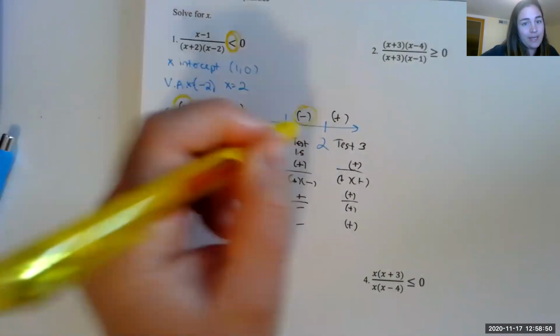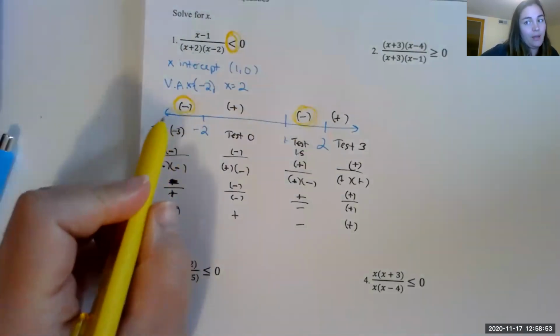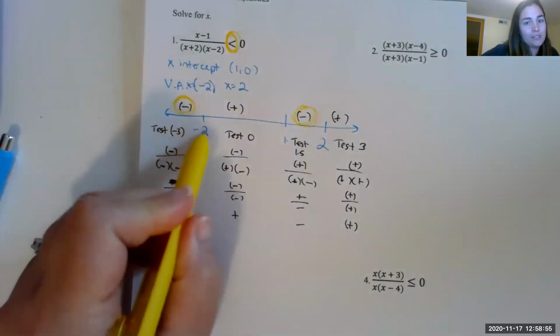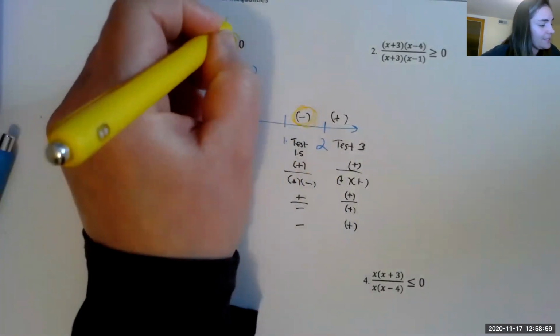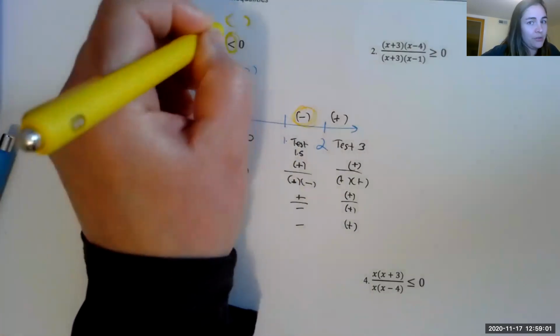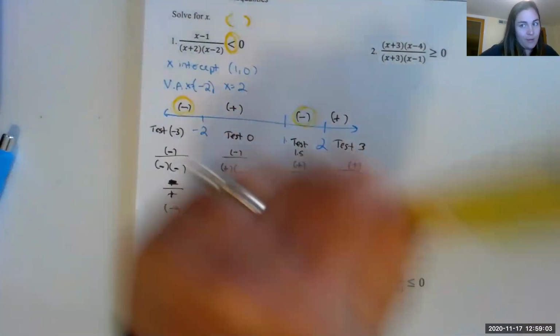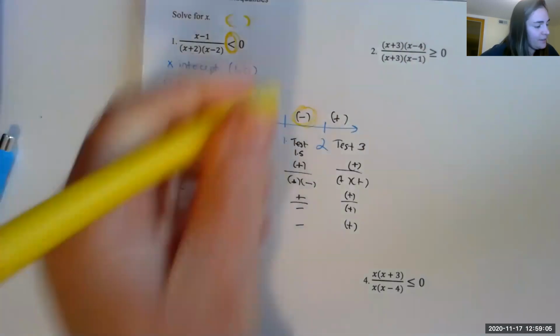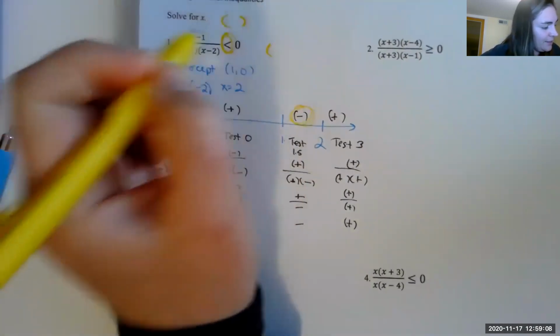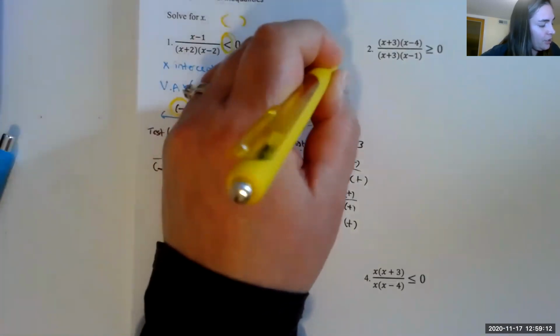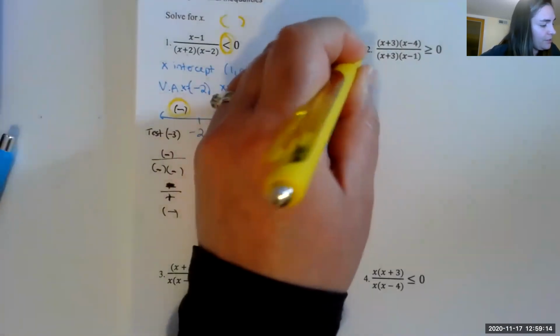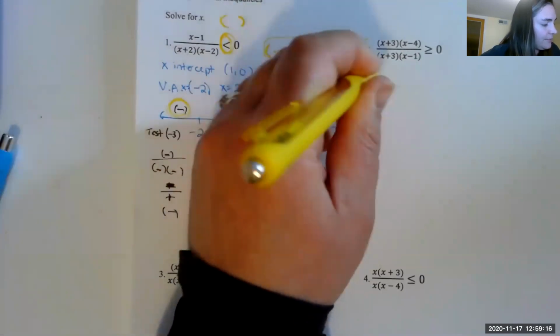Less than 0 means negative. So my solution set will be -infinity to -2, right? And then again from 1 to 2. And because it's less than and not less than or equal to, I don't get hard square brackets, I get soft brackets. So I'm going to write it as -infinity to -2 in union with 1 to 2, and that's it.